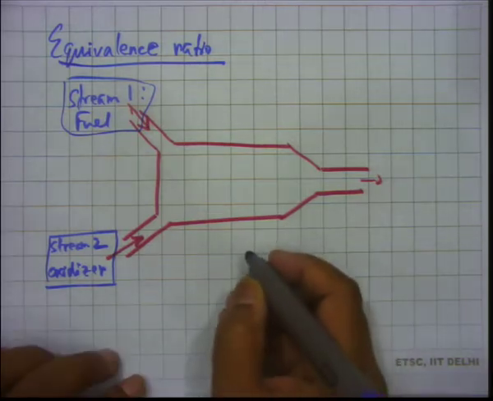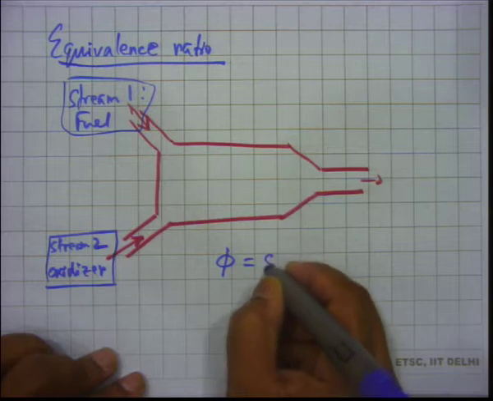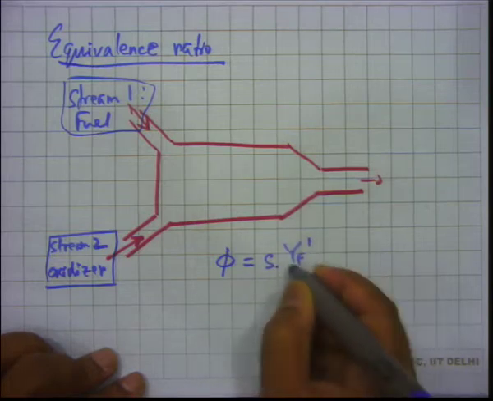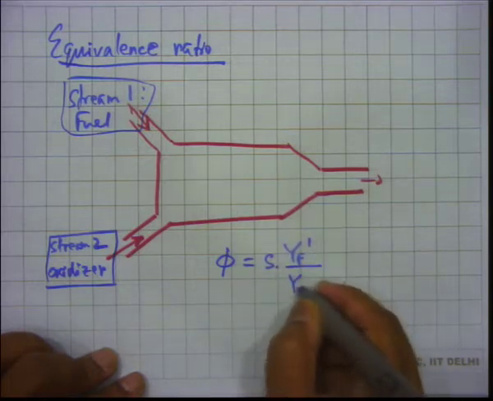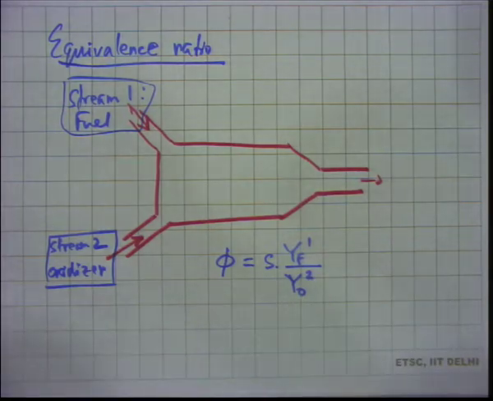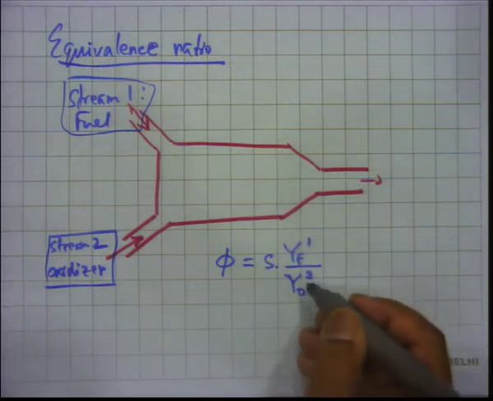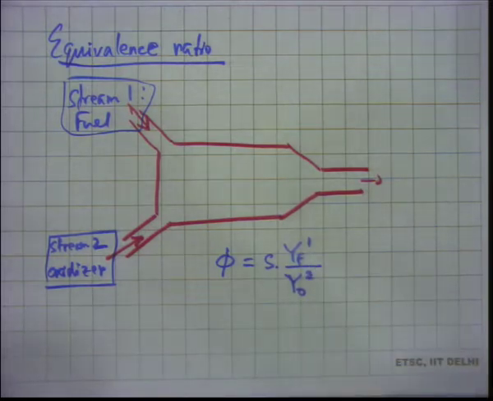Now we can write this phi as S times YF1 divided by YO2. Again, we have to be very careful about the notations. What is 1 and what is 2? These are the stream numbers.